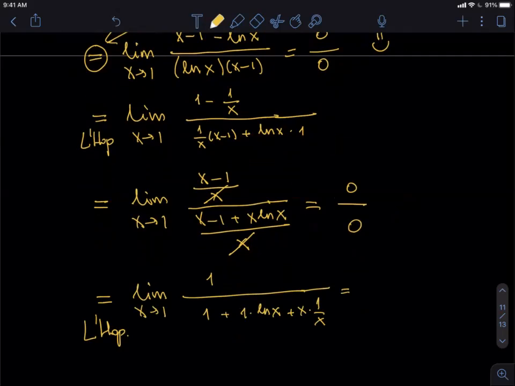And here, when I plug in the value x equal 1, the logarithm of 1 is 0. And then here I have 1 plus 1, so this is 1/2. And that's the value of the limit.